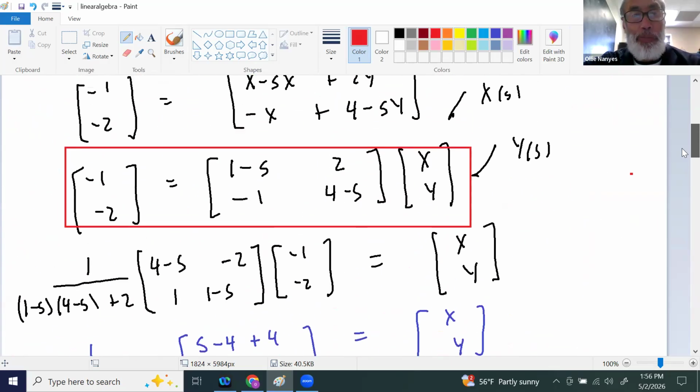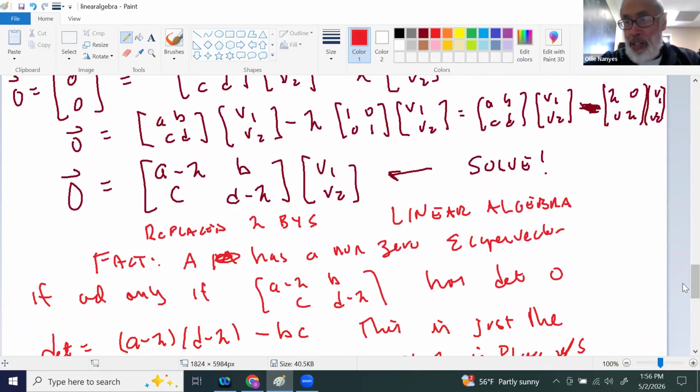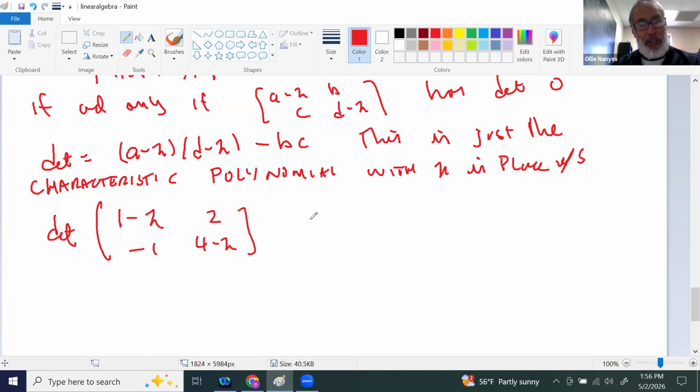So if we go to our original matrix right here, which is 1, 2, minus 1, 4, and we just take the determinant, that's going to be 1 minus lambda, 4 minus lambda, plus 2.